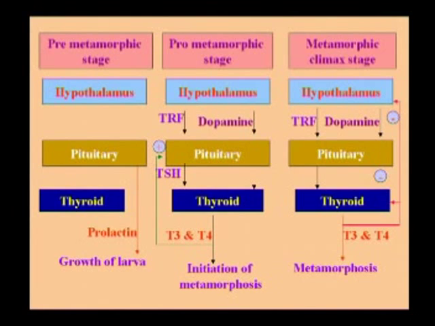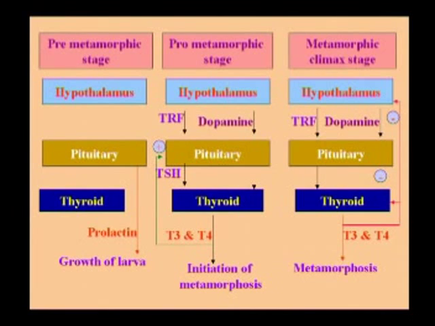Not only to the thyroid gland, it also gives a signal to the hypothalamus not to release TRF. If it won't release TRF, the pituitary is inactive and won't release TSH. If the TSH is not released, the thyroid gland is also inactive and won't release T3 and T4.